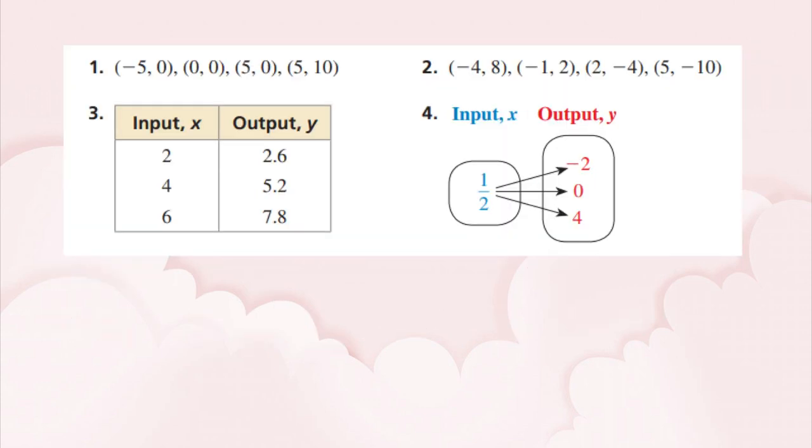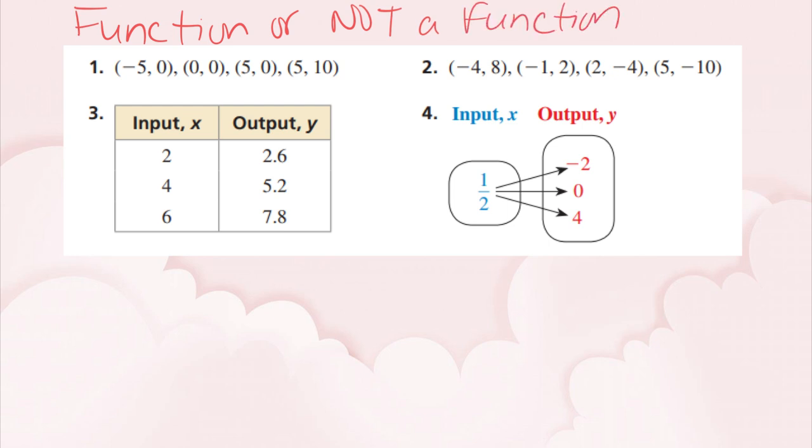Let's do these examples together. Number 1, we need to determine if it's a function or not a function, okay? Number 1. Is number 1 a function? So what I would always do is underline your x, so you can see your inputs.